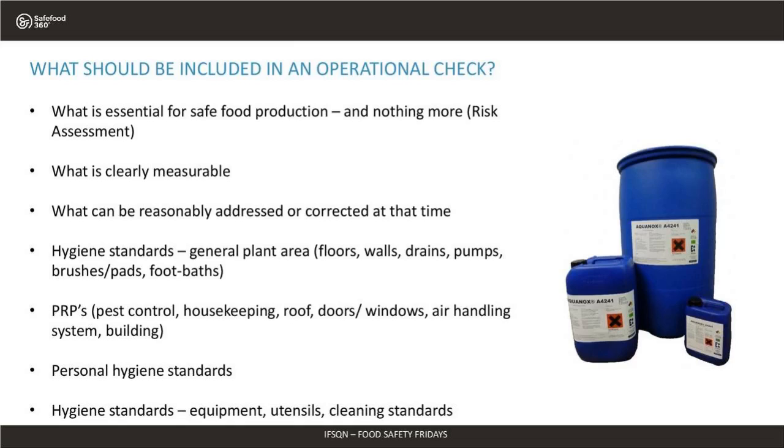Ideally, what you're checking should be clearly measurable. When I say that, that could be a visual inspection along the lines of whether something is in fact present or not present, or it could be an actual measurement, a numerical value, or some attribute value as well. You should only include in your operational checks what you can reasonably put in there.